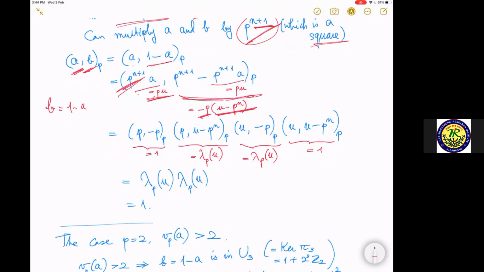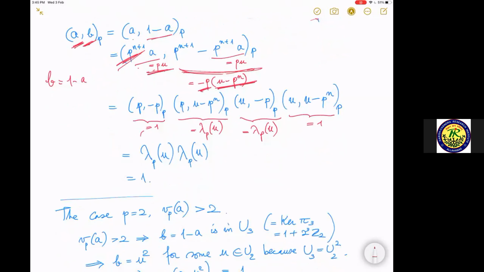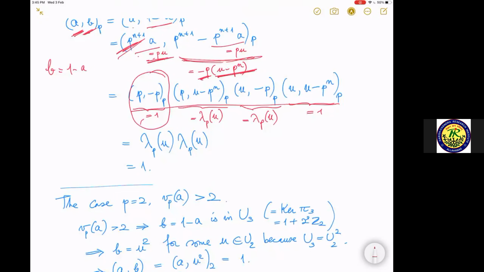Okay, so it doesn't matter. I expand, right? And I'll get these 4 terms. Some of them are already known to us. This we know, it's 1 because both these things are units, and this we have computed.